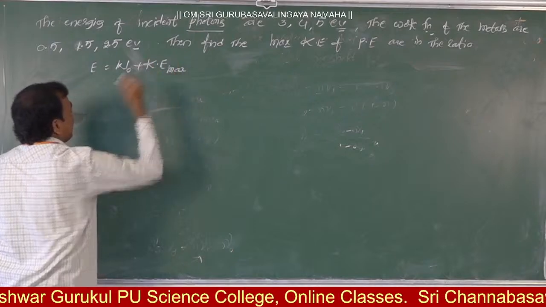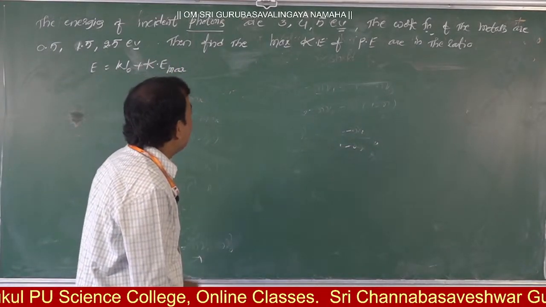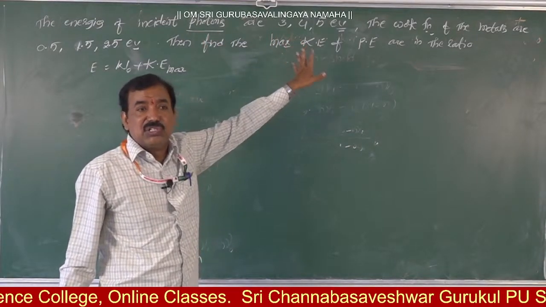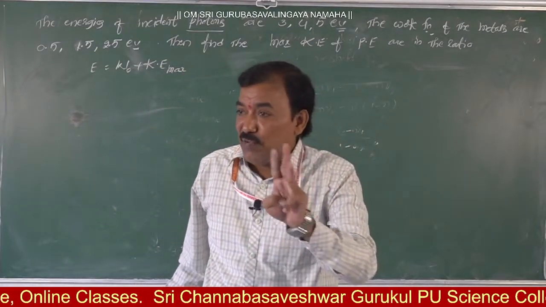In this question the energy is given and W0 is given, so you have to find out the ratio of the maximum kinetic energy only. So 3 metals are given over here, okay?